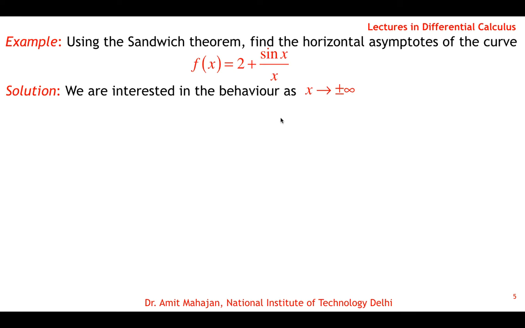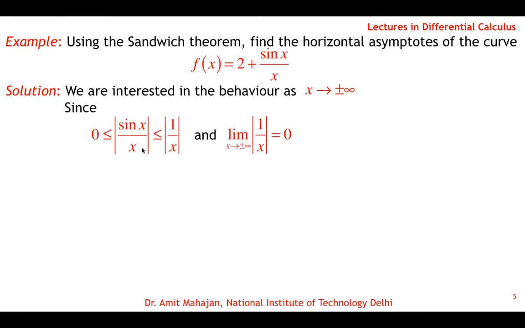So we know that the sin x by x function is sandwiched between 0 and the modulus of 1 by x function, and because the limit on this second function is always 0, by the sandwich theorem the limit on the sin x by x function when x goes to plus infinity or x goes to minus infinity must be 0.